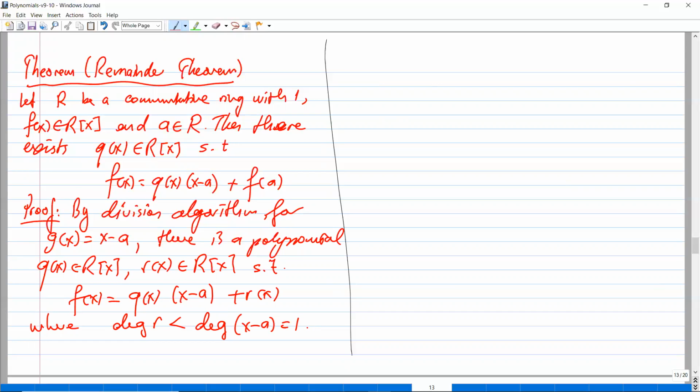So the degree of R has only two possibilities: either minus infinity, in which case R is equal to 0, or the degree of R is 0, in which case R is constant.